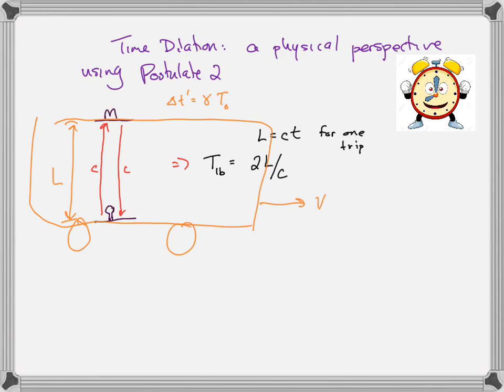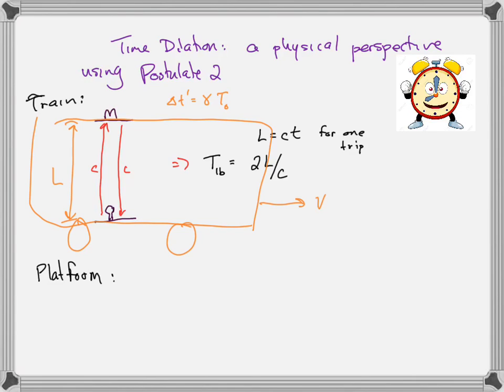So let's calculate how much time it takes according to somebody on the platform. So for somebody on the platform, what are they going to see? So this must have been the train point of view, and the platform point of view.